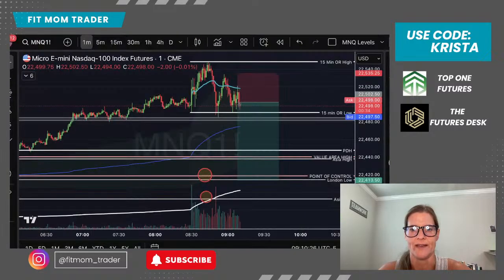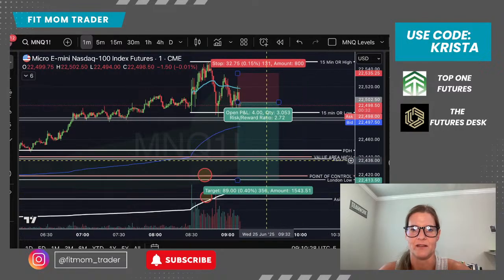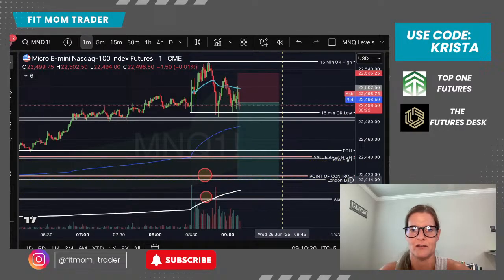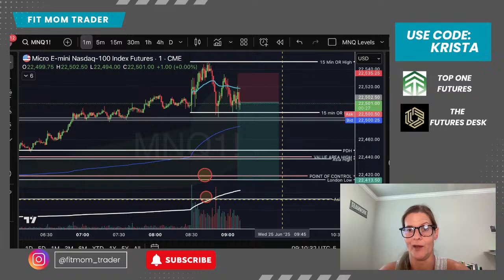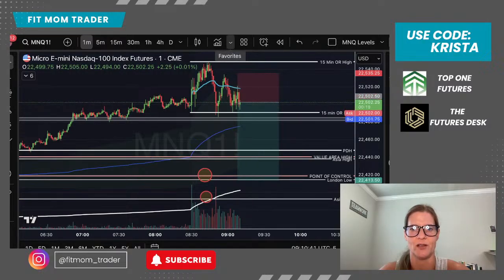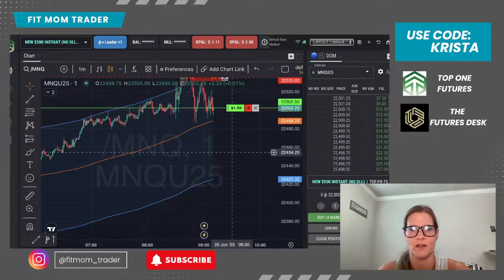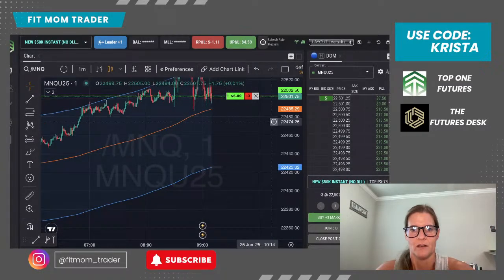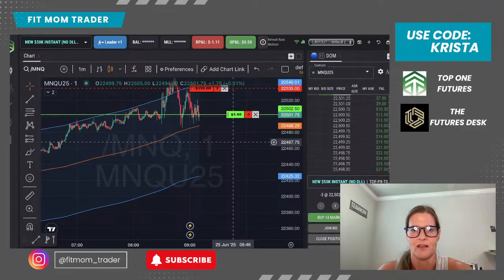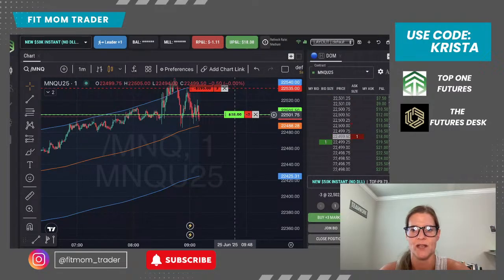All right, so if we get down here to London low, Asia low would be like the home run target, but I'll definitely scale out if we start going that low. Definitely not showing signs of a big move to the upside.